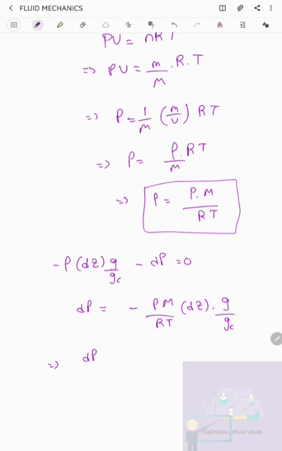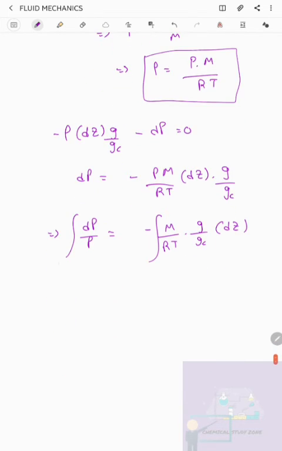Now bring this p over to the other hand side and we'll get dp by p equals minus m by RT into g by gc into dz. Now let us integrate it between the points x1 and x2. That means the pressure will be P1 and P2. Here the points will be x1 and x2.